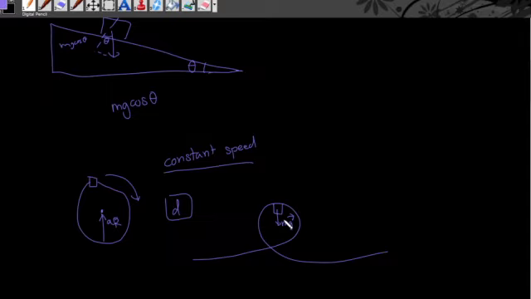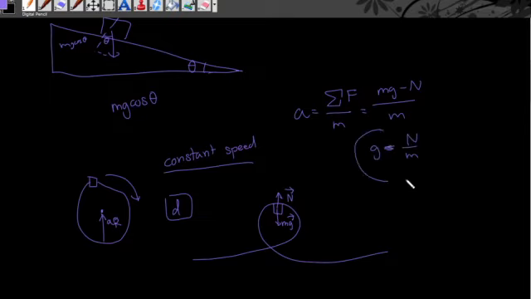Right at the instant it's at the top, there would also be a normal force, which is less than the gravitational force, and so we know that the acceleration is the sum of forces over mass, which would be mg minus N over m, which is g minus N over m. So this would be the acceleration. It's downwards and smaller than g. The answer is B.